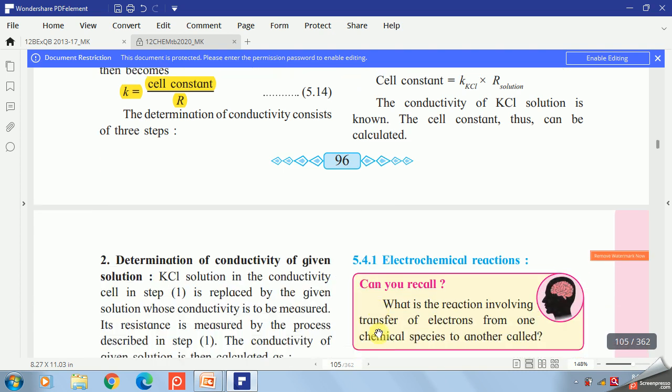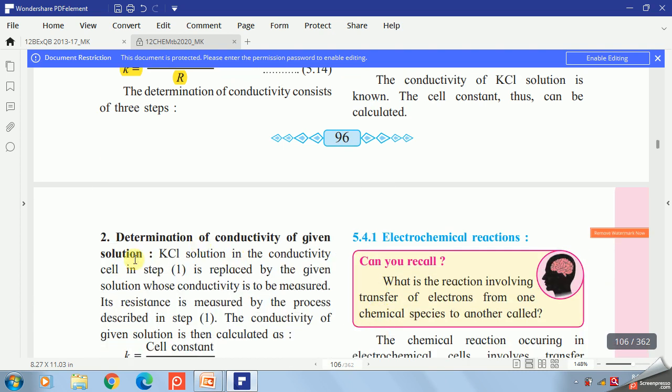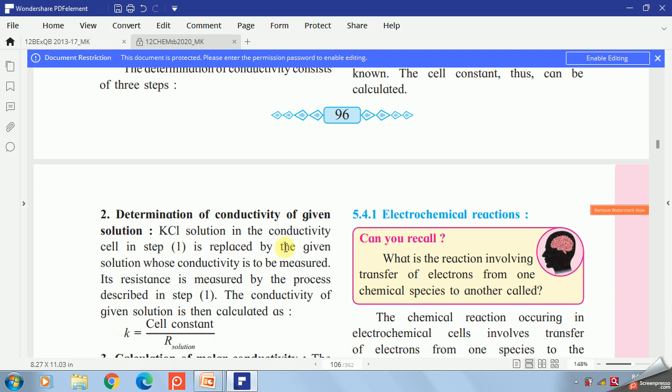Then next one is determination of conductivity of given solution. KCl solution in the conductivity cell in the first step is replaced by the given solution whose conductivity is to be measured.